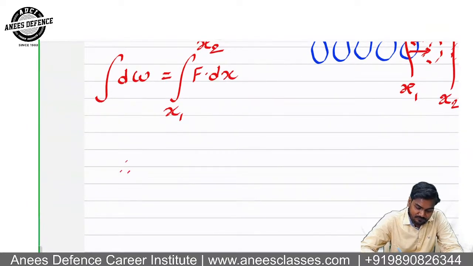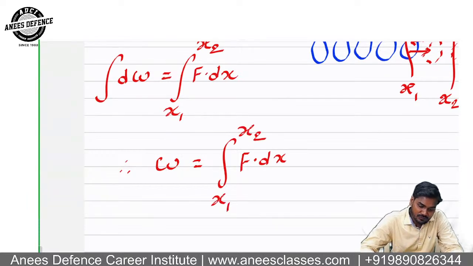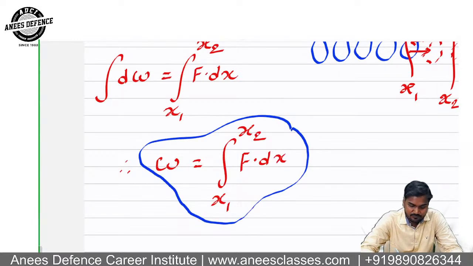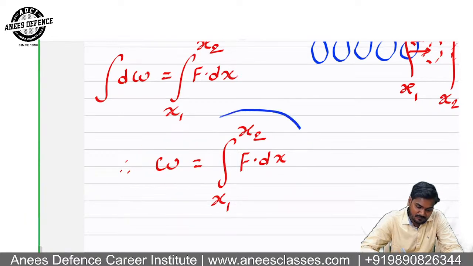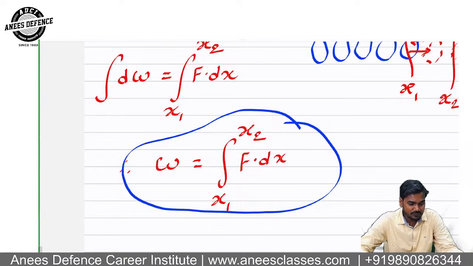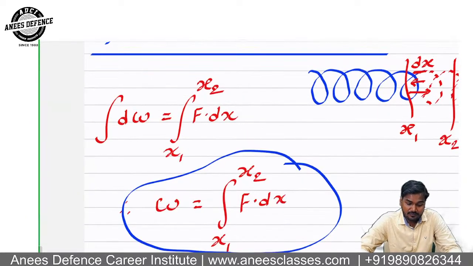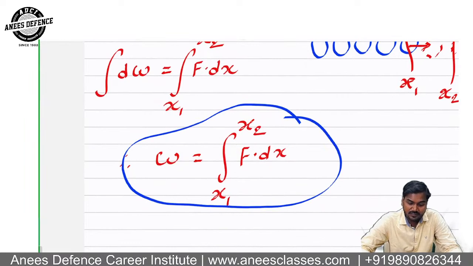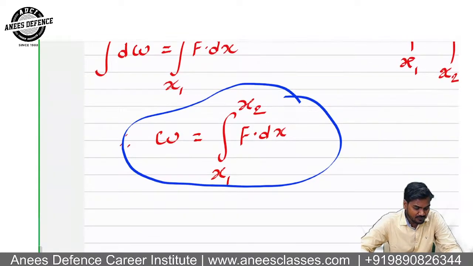So finally, work done is equal to integration of F into dx from x1 to x2. Is it clear? So this is for variable force, and you can calculate work done by using this formula.